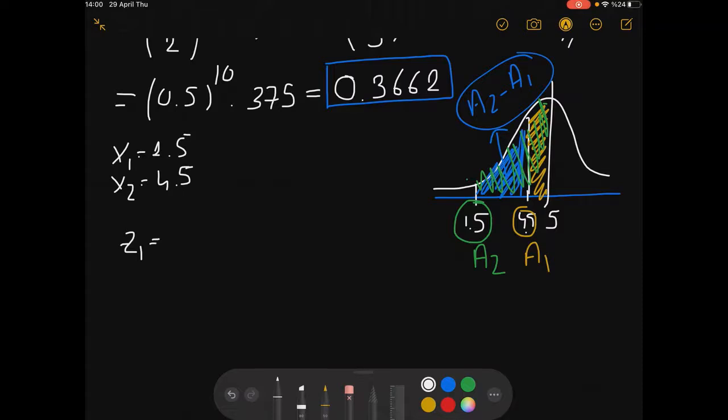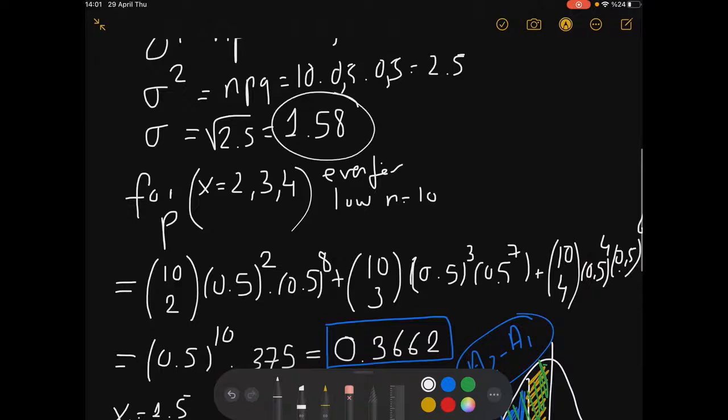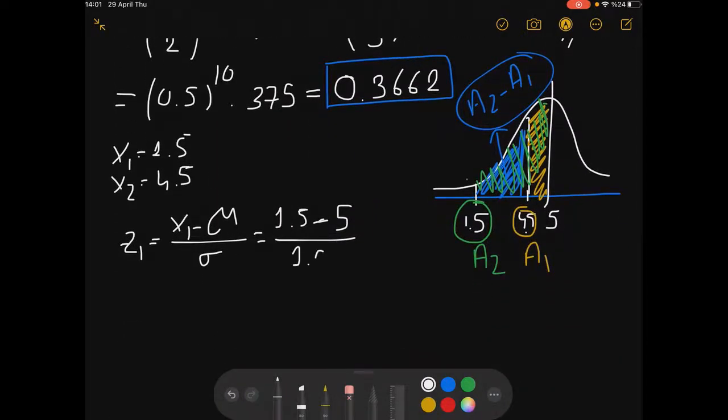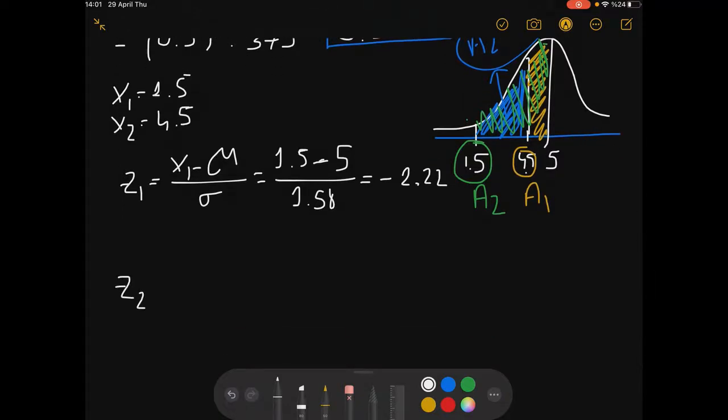Let's make the transformation here. Your z1 is 1.5 minus, I know that my mean is 5 coming from the population parameters, over sigma, which was 1.58, and the result would be minus 2.22. All right, and if I calculate this for z2 now, x2 minus mu over sigma, which would be 4.5 minus 5.